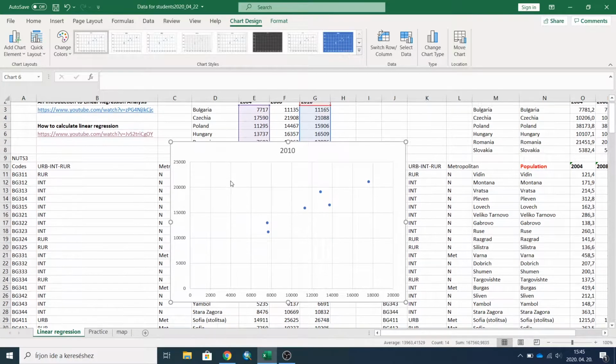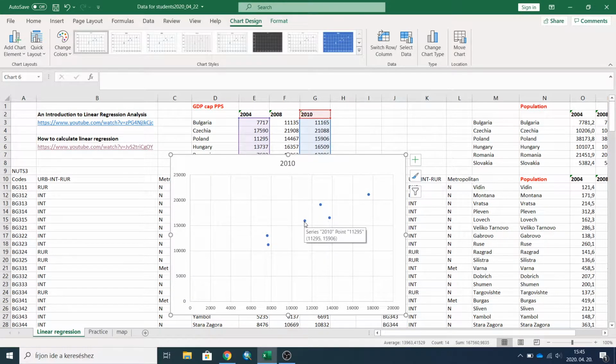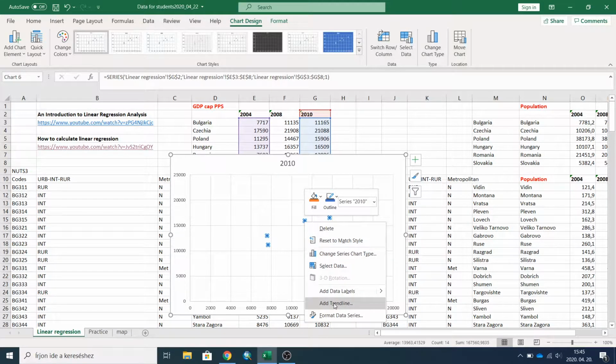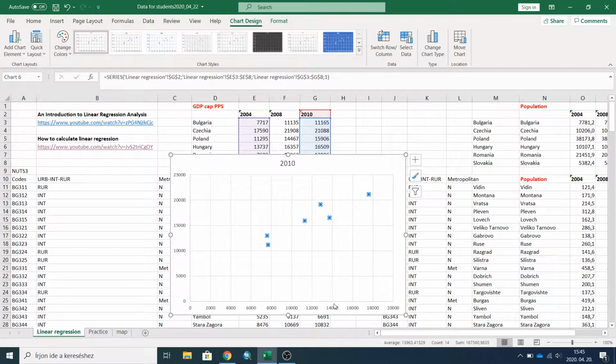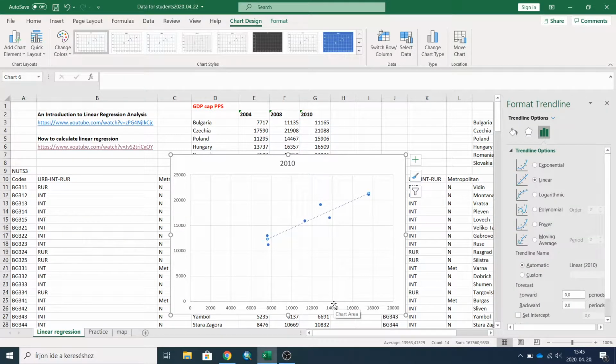Then we click one dot, and after that you can see every dot is selected. After that right click, add trend line. We can see a linear trend line of this.